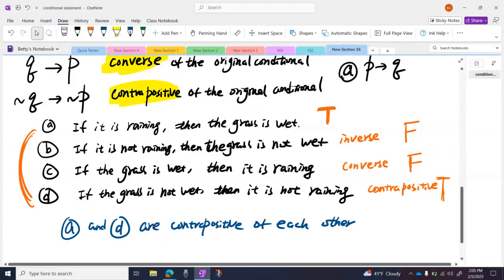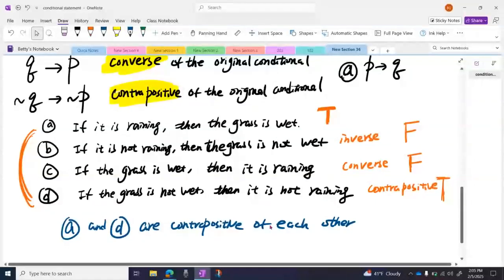Let me say it again. A and D are contrapositive of each other. Logically, they are equivalent. If two conditional statements are equivalent, they must have the same truth values. Either they are both true or they are both false.